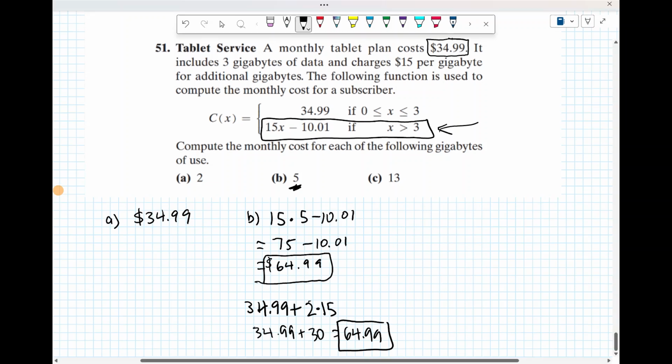So for part C, we'll just use the formula to practice it. All right, so now we're at 13 gigabytes. Again, that is a number greater than 3, so we use this bottom formula.